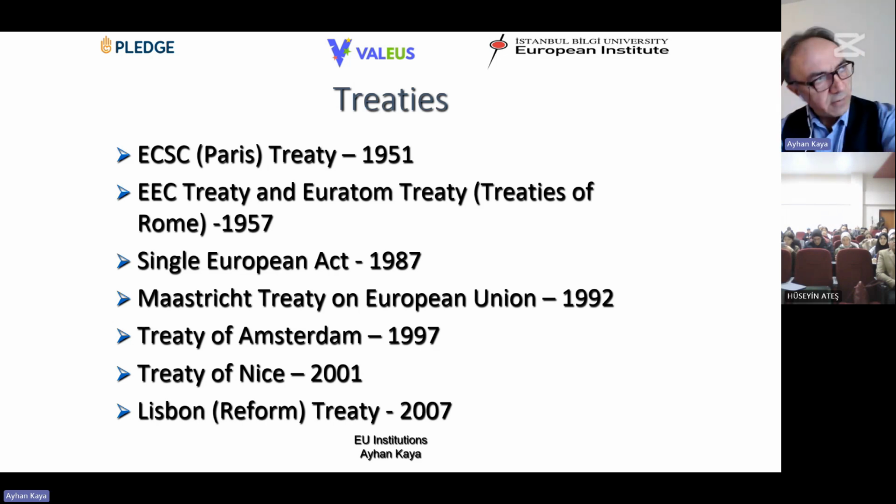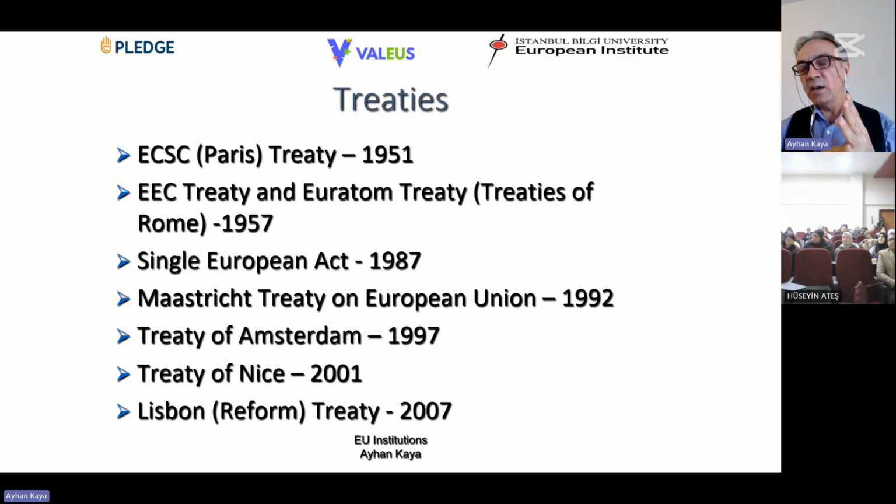But then afterwards, after 2006, 2007, things changed. In those days, there was the Copenhagen criteria. If you want to be a candidate country, you really need to make sure that you comply with the Copenhagen criteria.